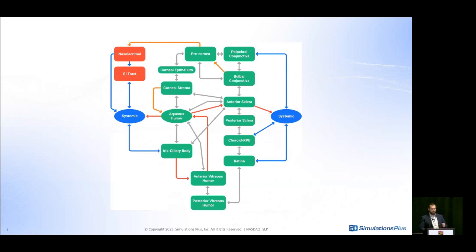And nowadays, we can describe all of the ocular tissues, the most important ones, and how the drug is going between those ocular tissues based on passive diffusion, active convection transport, or also just active transporters. There are also other mechanisms we are taking into consideration, such as the tear turnover rate, for example, and other very important parameters like the transfer between the ocular tissues and the systemic circulation.